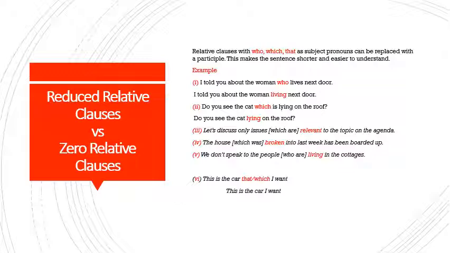I hope that this distinction makes the difference between reduced and relative clauses clear, because sometimes we are inclined to delete the relative pronoun, and it's very important to know when to delete it and when not to delete it, right?